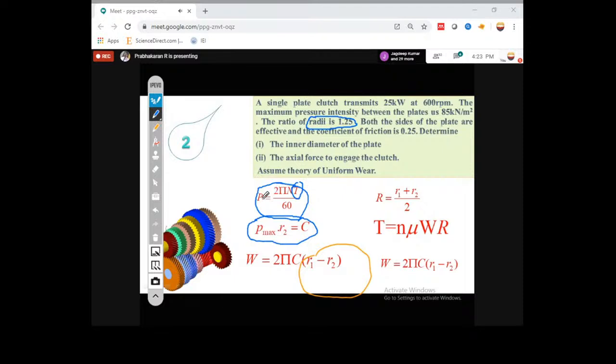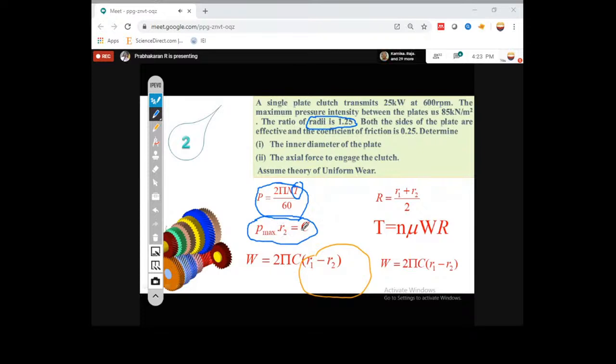We know the power and speed, so definitely you can find out the torque value. Next I'm going to take C equal to P max R2. We know that the maximum intensity of pressure acts on the inside.